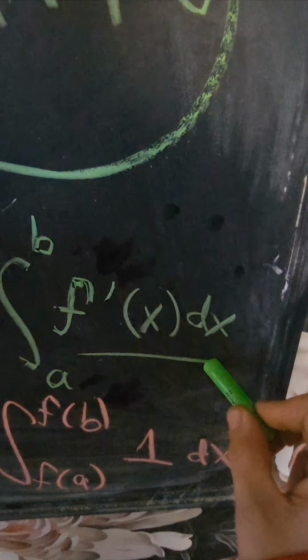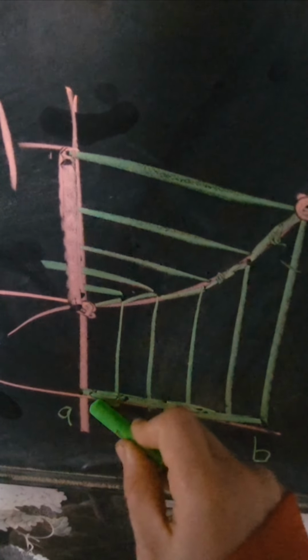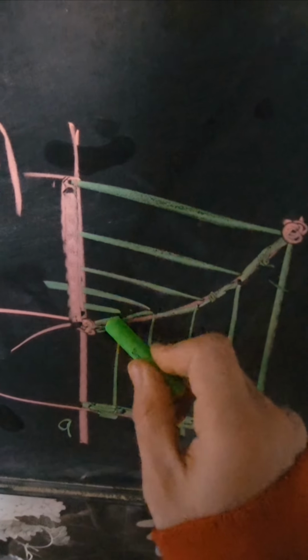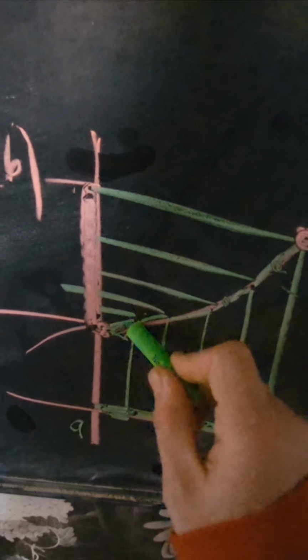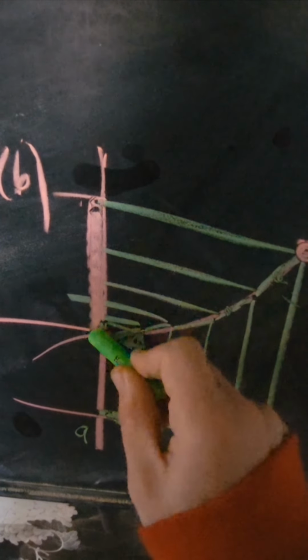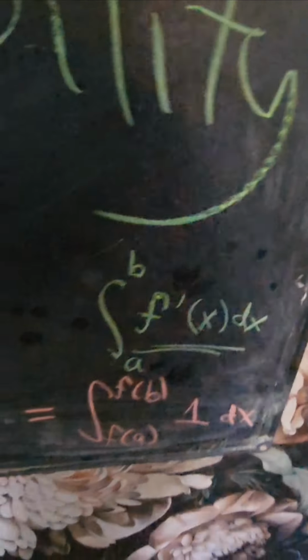So this f prime of x dx is the scaled length of this small interval dx. I scale it by the f prime, by the slope of this line here. When I scale it by the slope of this line, it stretches or shrinks the unit interval by the factor of that slope, which is the derivative here. So that's this term here, and it's integrated from A to B.